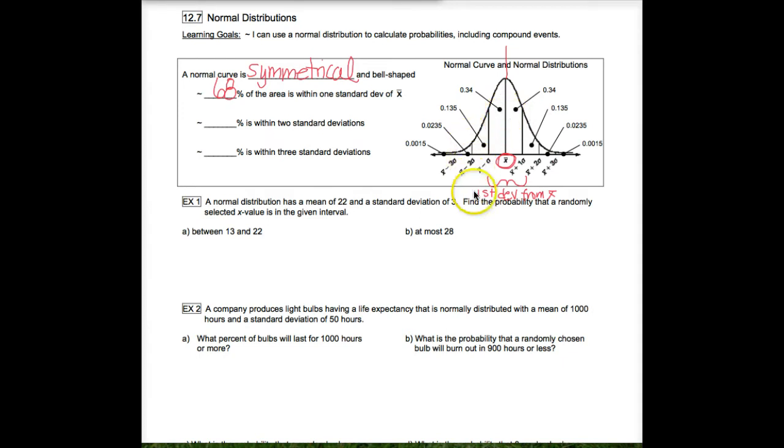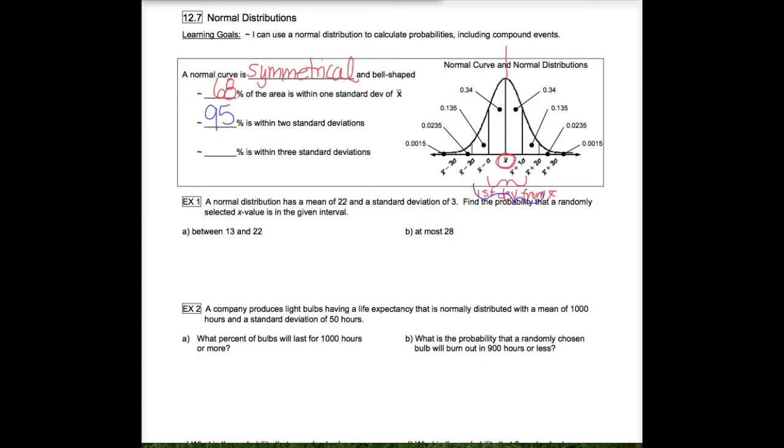Then, if you go 2 standard deviations away, I use a different color here, 2 standard deviations away from the mean would be those. So it would not only just be the 0.68, but it also includes both of the 0.135. So if we add all of those together, it gives us 95%. So again, this is saying that 95% of the data is within 2 standard deviations of our mean.